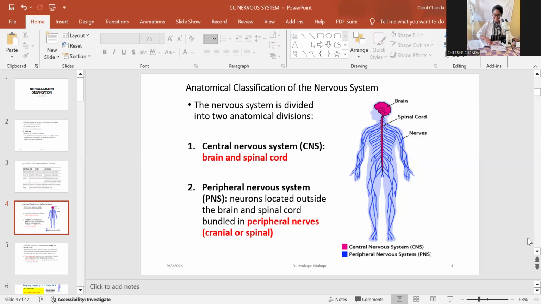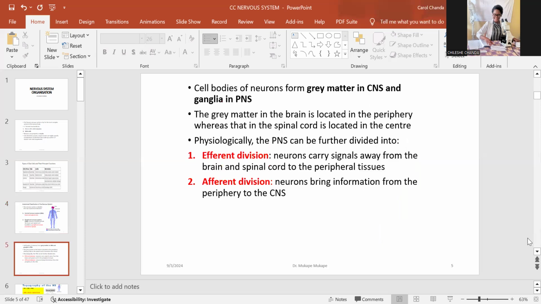So all the nerves and all the nerve tissue that you're going to find outside the brain and spinal cord, that is what we're going to find in the peripheral nervous system. So those are the two major divisions of the nervous system.